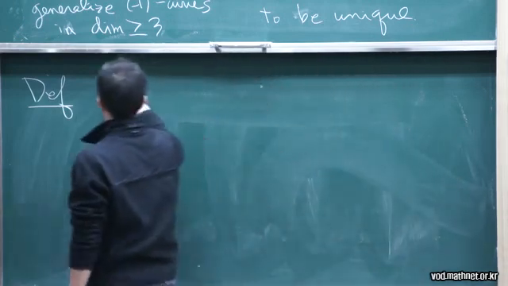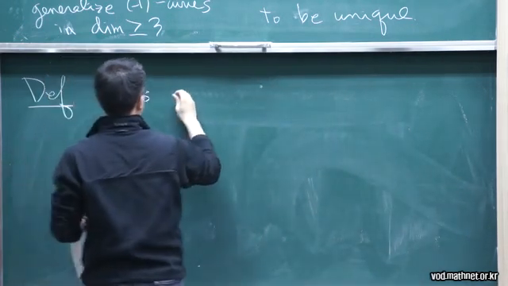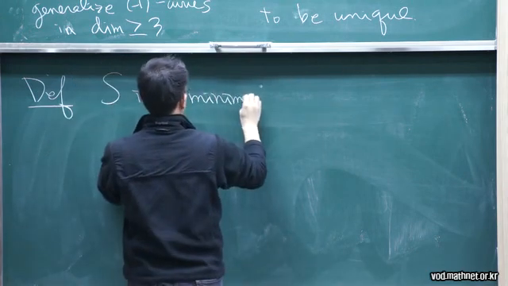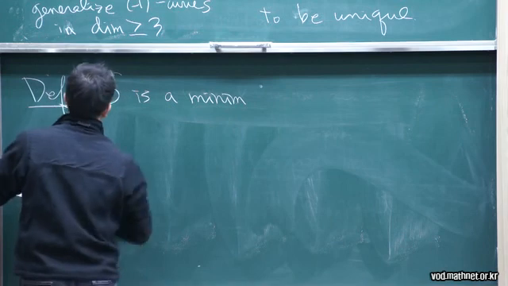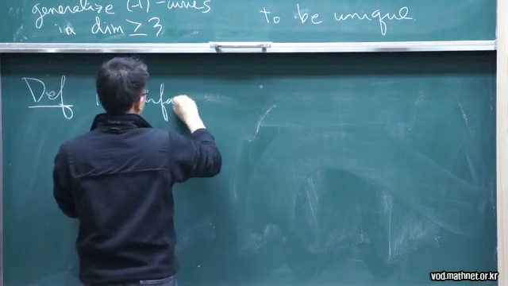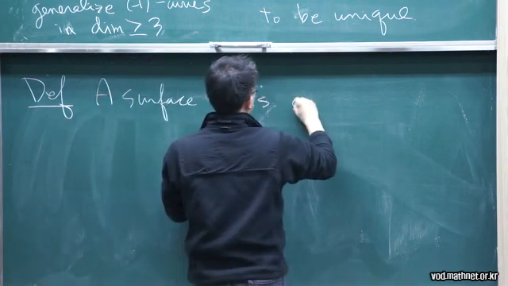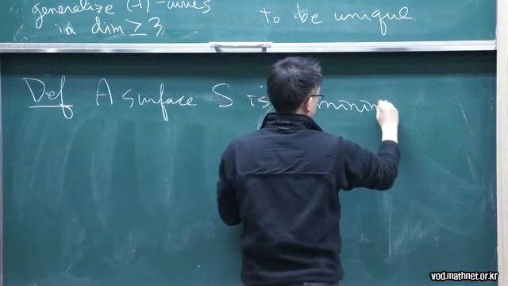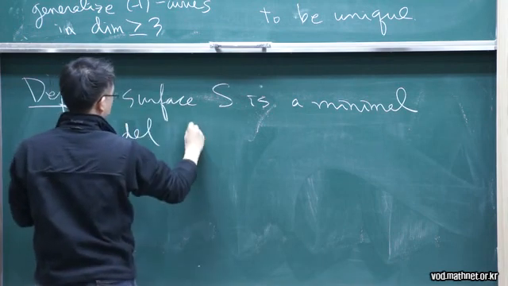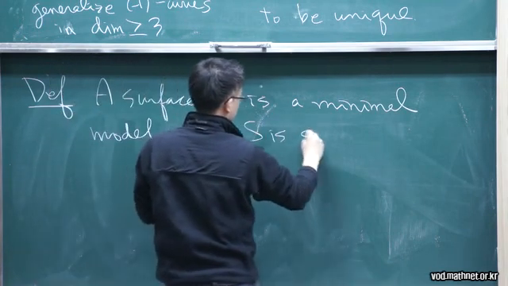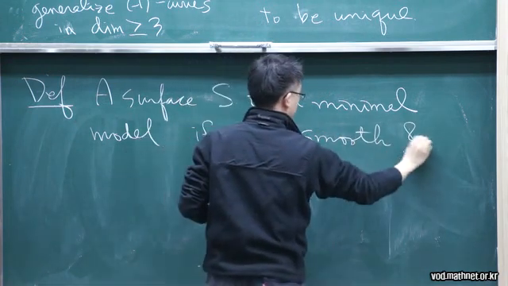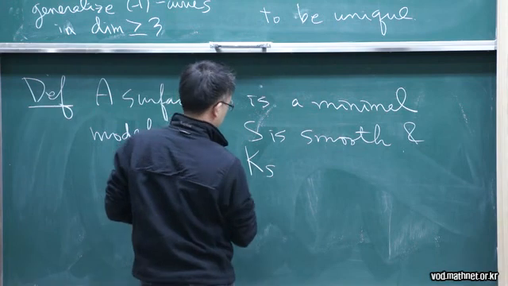S is a minimal model, let's say a surface, if S is smooth and the canonical divisor is nef.